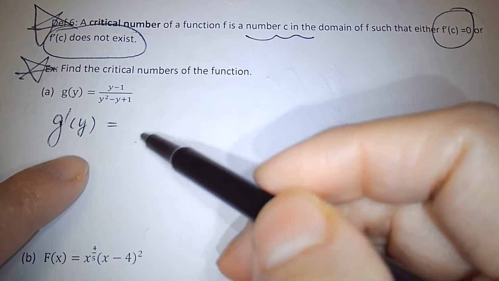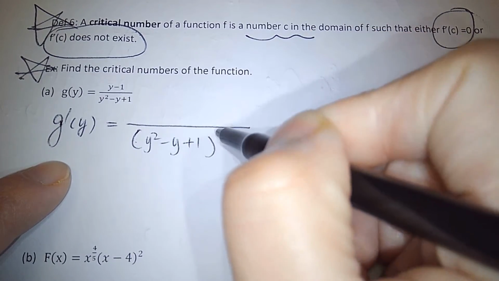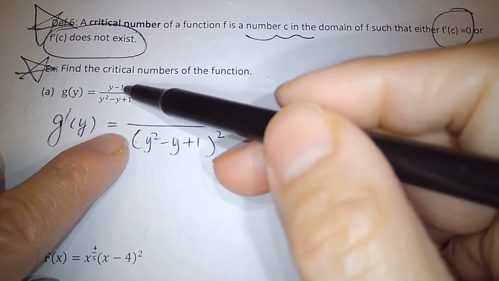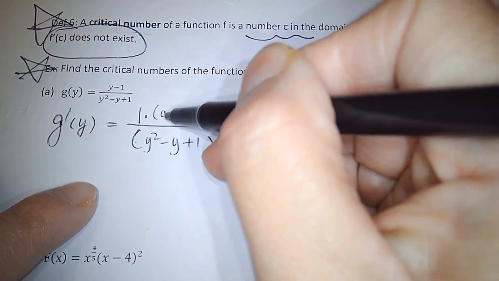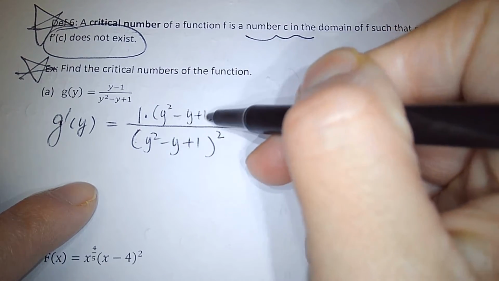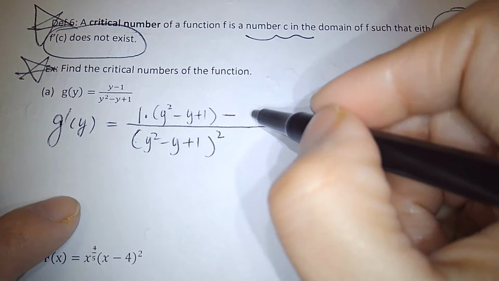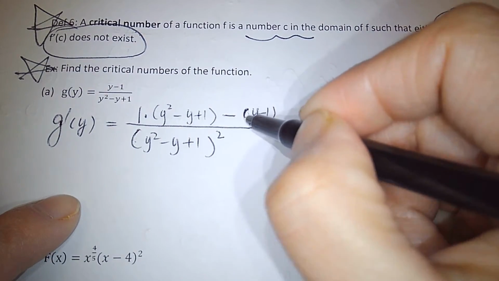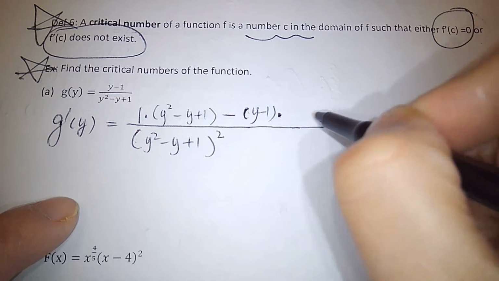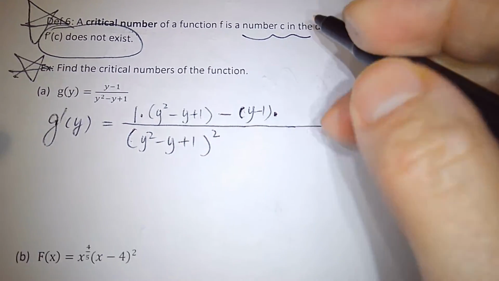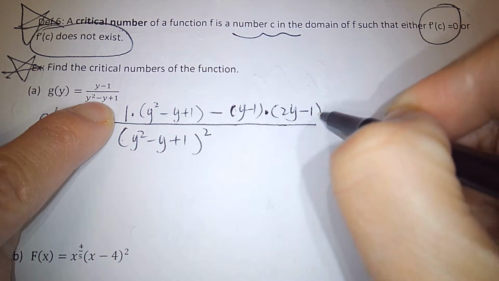Then? Quotient rule. Yes, quotient rule. Differentiate the top, which gives us 1, times the bottom, minus, keep the numerator, the top, and then differentiate the denominator. How do we differentiate the denominator? y squared gives us what? Negative 1 gives us what?